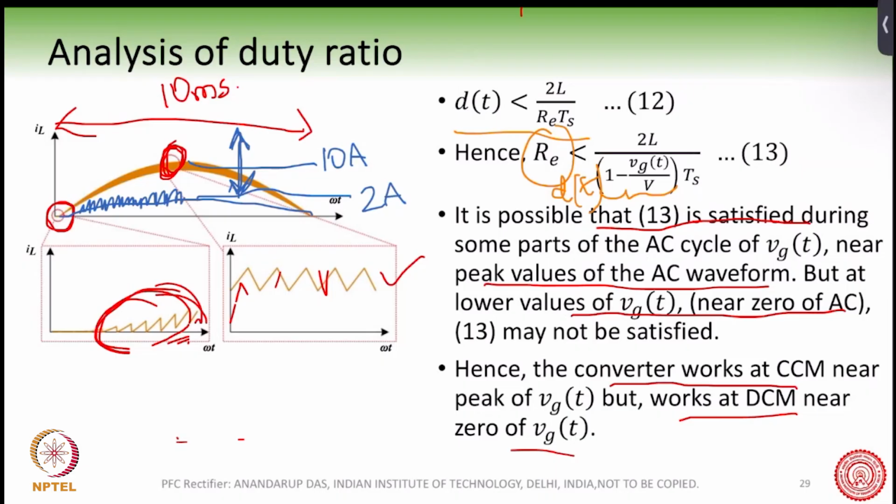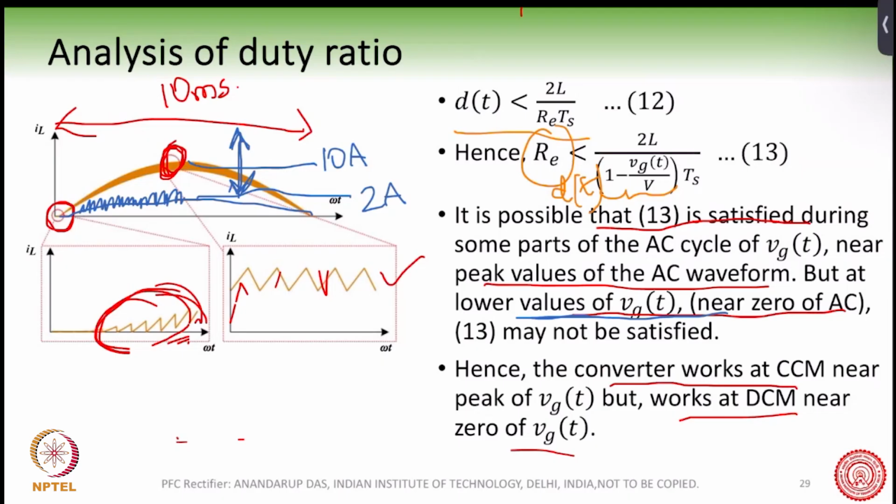So this means that this statement, where we have the VGT near zero, that region will change over time because the load is itself changing.